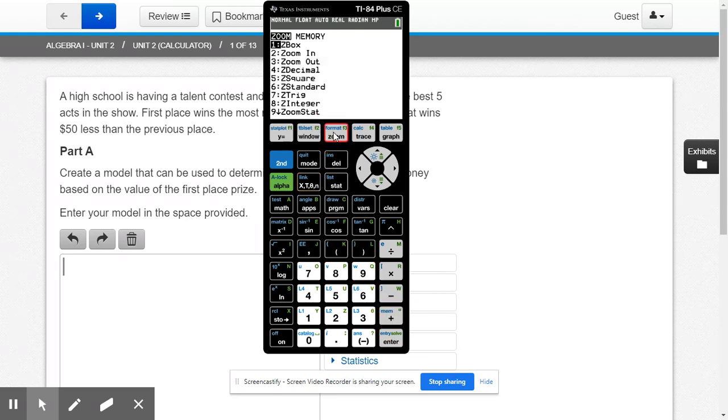I'm going to go to zoom and standard just to set everything back. And I'm going to go to zoom and fit, which is choice 0. Kind of zooms it in a little bit. And I can see, actually I like my standard zoom better. I'm just going to go back to standard. So I think that made it clearer.